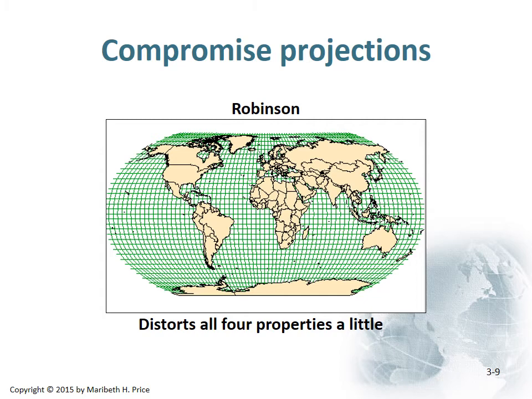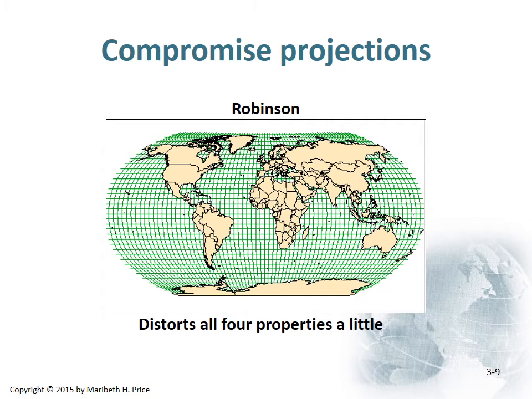A final kind of projection is something that we call a compromise, where every map projection property is being distorted, but they're not so bad in relation to each other.